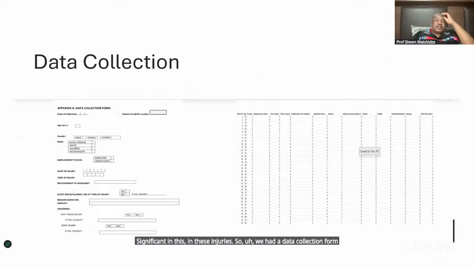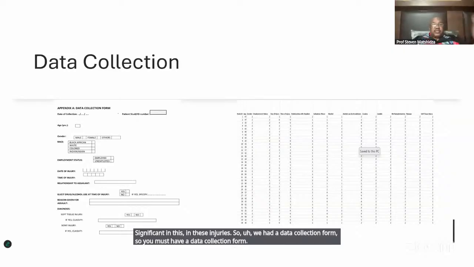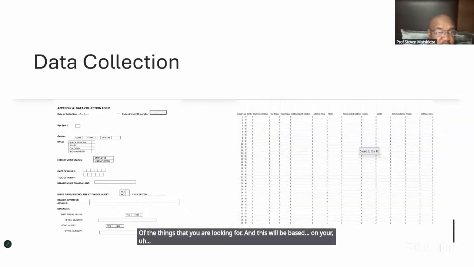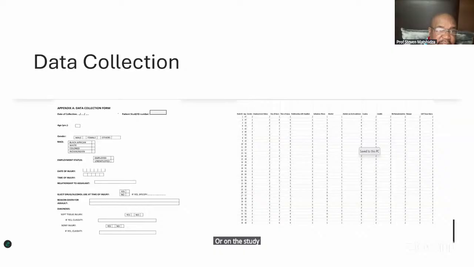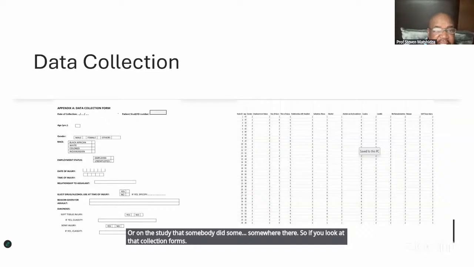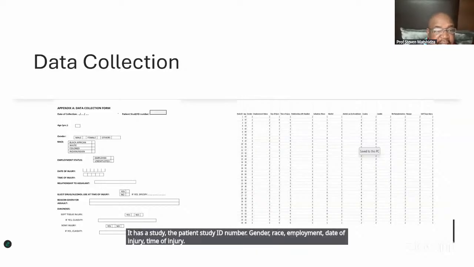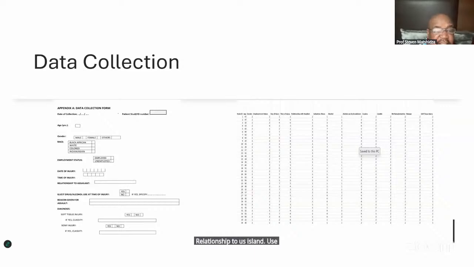So you must have a data collection form of the things that you are looking for. And this will be based on your article reviews or on the study that somebody did somewhere. So if you look at that collection form, it has the patient study ID number, gender, race, employment, date of injury, time of injury, relationship to assailant, use of drugs, reason given for assault, diagnosis, whether it was bony or soft tissue injury.